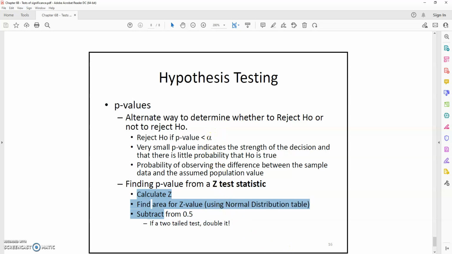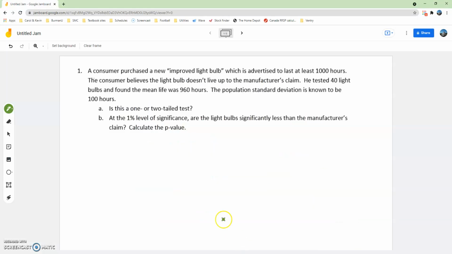So let's work on a little example. This example is from the handout I gave you based on hypothesis testing, Chapter 6b. A consumer purchased one of those new and improved light bulbs, advertised to last at least 1,000 hours.